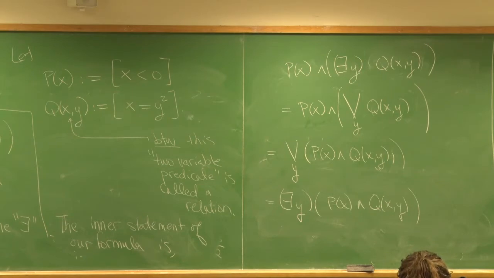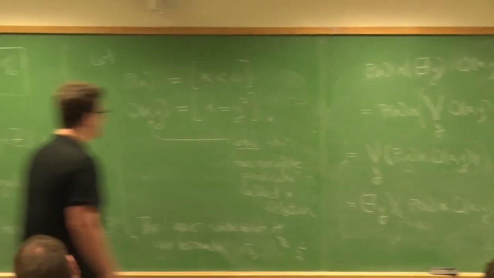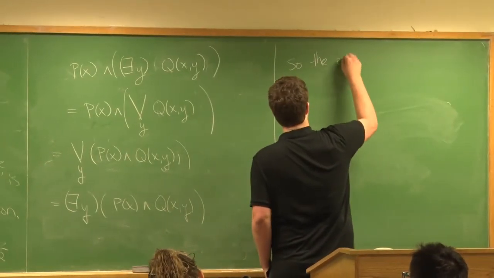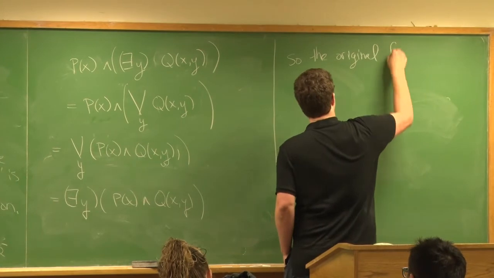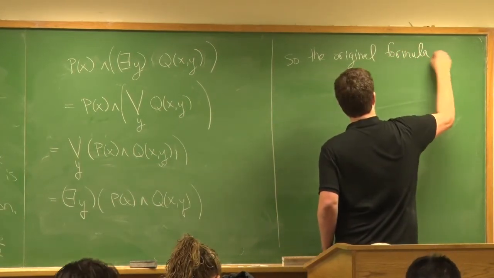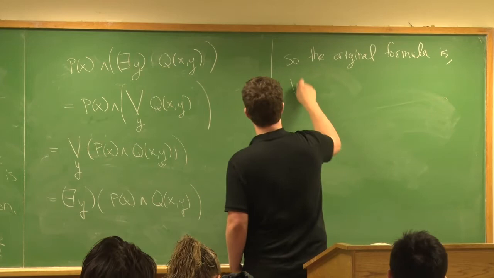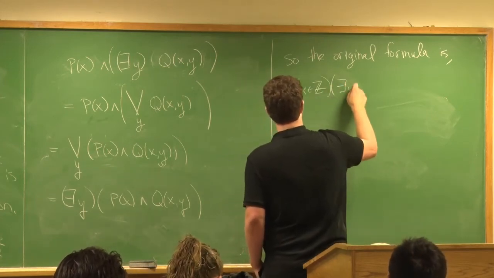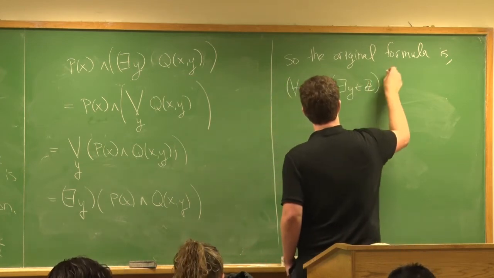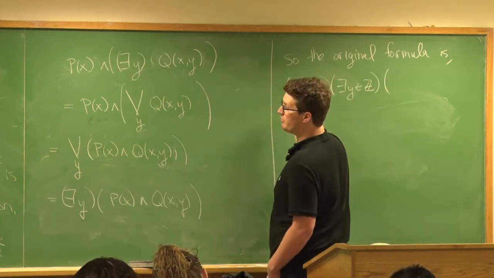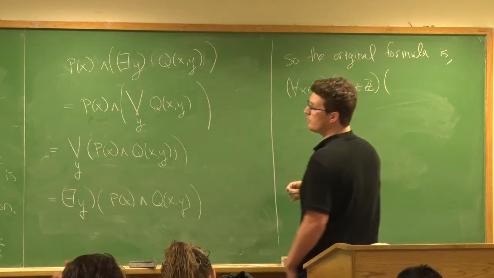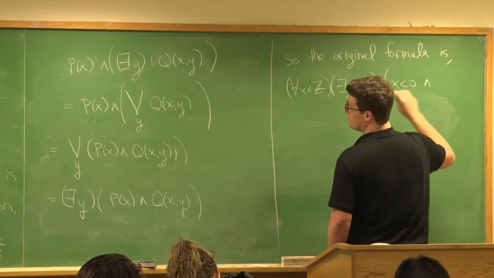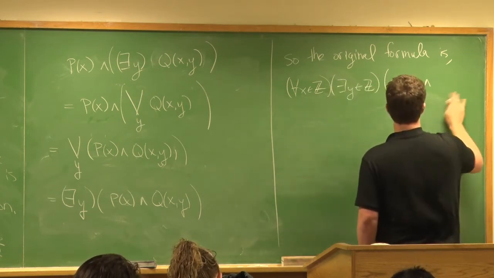So how we can distribute this? Our original formula is the following. It's the same thing as for all x in Z, there exists a y in Z such that p of x and q of xy. So x is less than 0 and we had that x is equal to y squared.